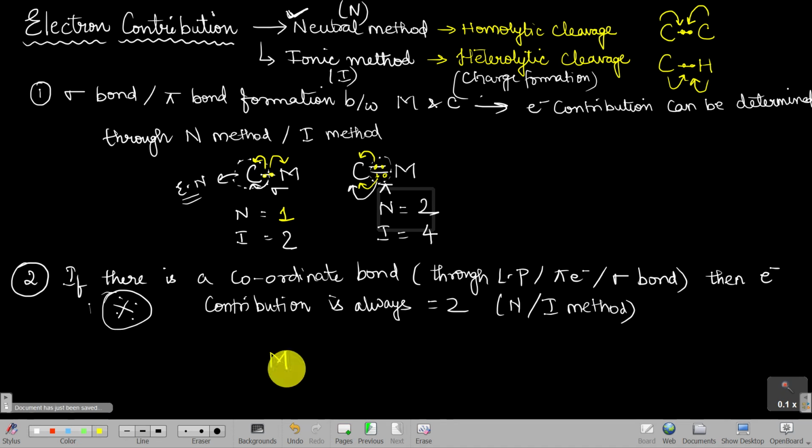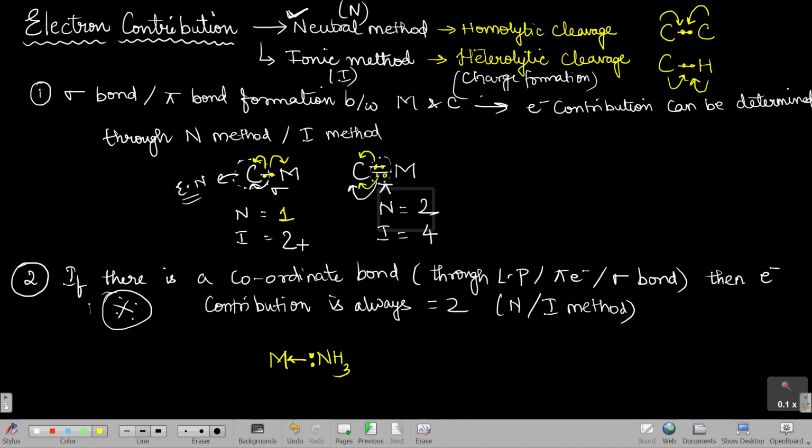Now you say I have a metal bonded with ammonia. Okay. Now I know that ammonia, that is NH3, nitrogen can form only 3 bonds. So basically it has already formed all the 3 bonds with hydrogen. Now nitrogen has one lone pair of electrons with it. Now this lone pair of electrons, it is donating to the metal. That is why we call it a coordinate bond, right?